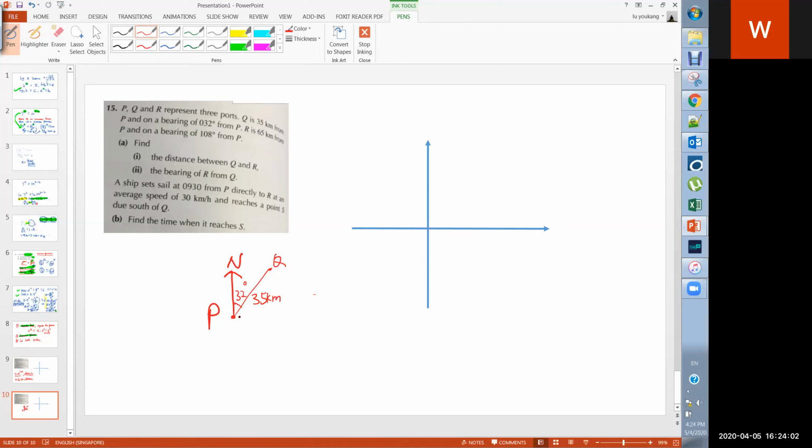Now it says R is 65 from P and on a bearing of 108 from P. So you go 108, which is somewhere here, and then it's 65. 108 means this entire angle is 108.